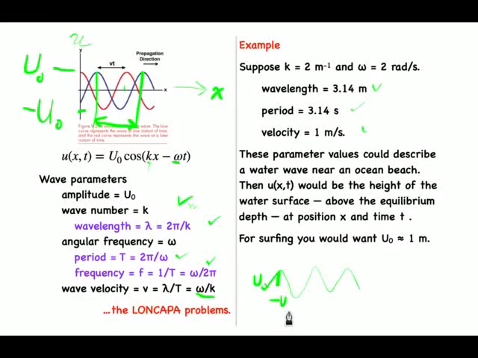So you would see the waves being 2 times U0 from crest to trough, where again that's the displacement of the water from the equilibrium depth. The water surface is oscillating in position, and the whole wave is moving to the right, so for any position, it's oscillating in time. So that's a water wave at a beach.